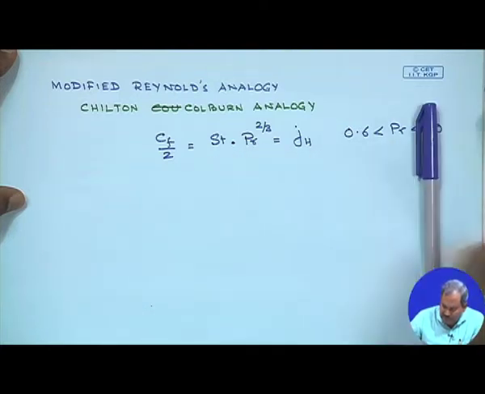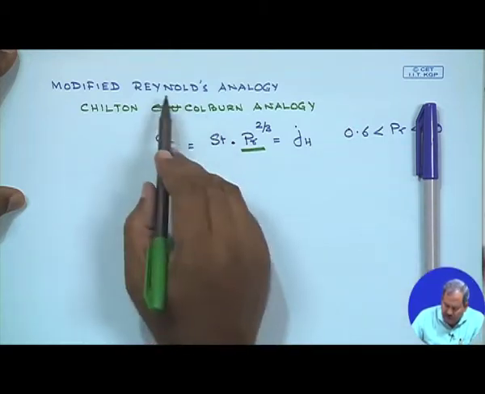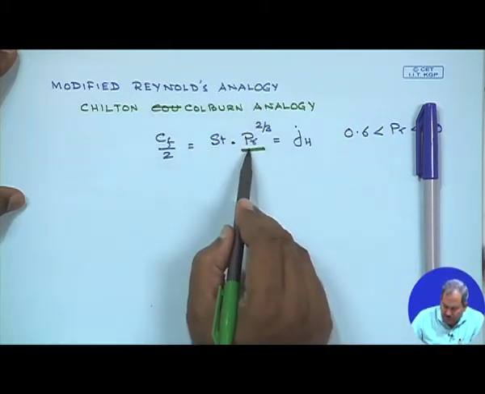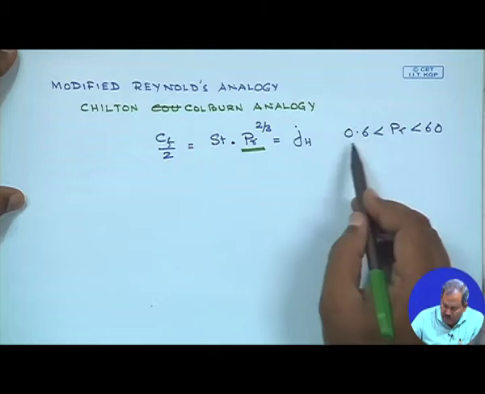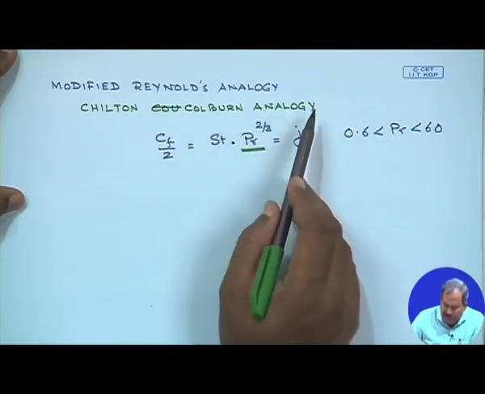So, this is the Prandtl number correction factor added to Reynolds analogy to modify it for a wide range of Prandtl number, also known as Chilton-Colburn analogy.